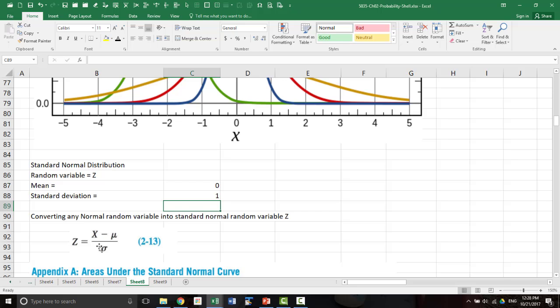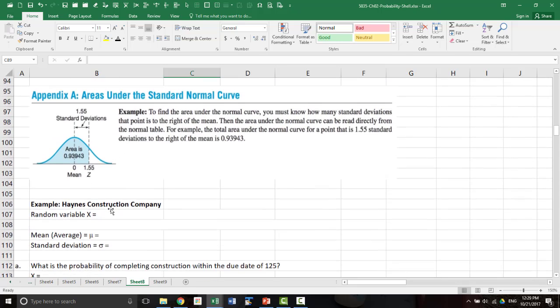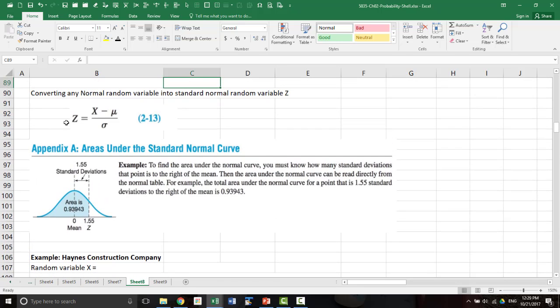If X is any normal distribution, and you subtract its mean mu from X and divide by its standard deviation sigma, then X minus mu over sigma will follow the standard normal distribution, with mean equal to 0 and standard deviation equal to 1. Therefore that allows us to tabulate normal distribution areas for just the standard normal curve.